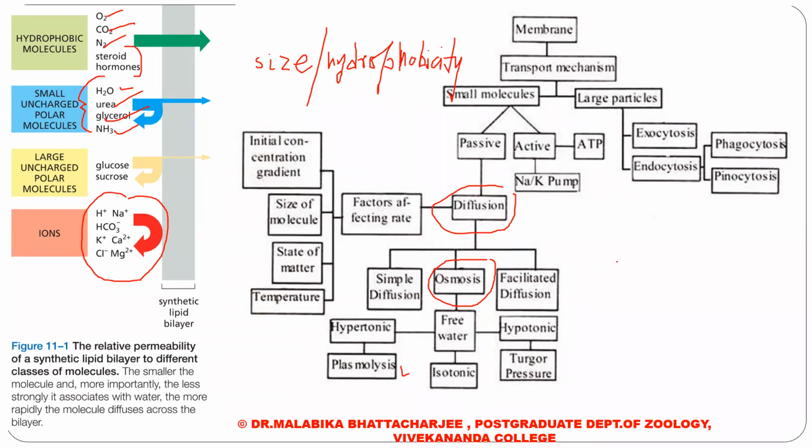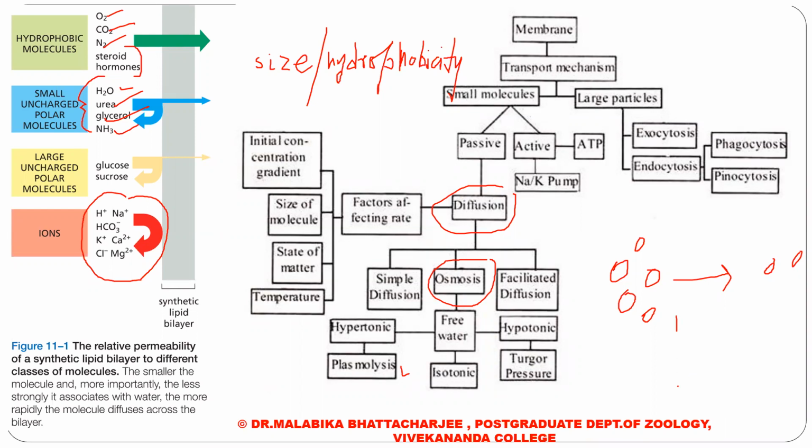Keep in mind that whenever a molecule is present in higher concentration at one side and is gradually moving to a lower concentration on another side, there is always an establishment of a concentration gradient. So there is a gradient.